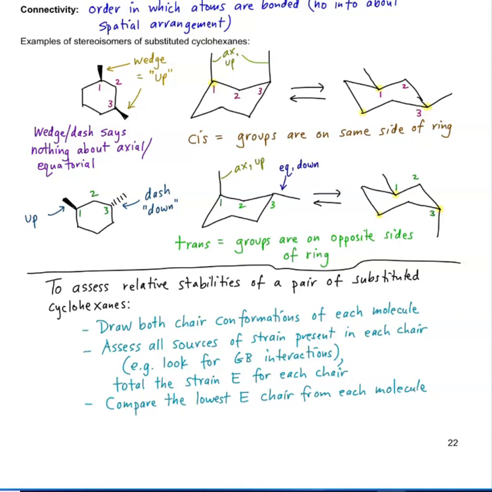And so finally, and this can't be stated enough, always, always, always, when you're drawing sets of structures like this, maintain the same direction of numbering for all the structures you draw for a particular molecule.